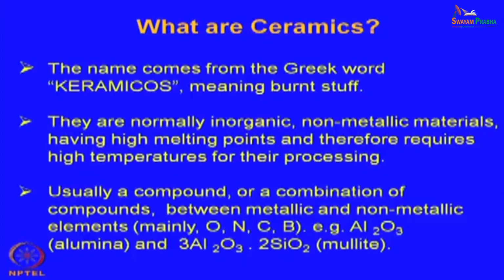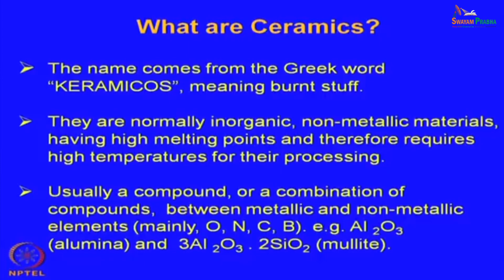They are usually compounds, not the elements, but the compounds of different elements or combination of compounds between metallic as well as non-metallic elements. What are the elements present in different kinds of ceramics? Of course, they are metals in addition to oxygen, nitrogen, carbon and boron, maybe some others. A very common example is aluminum oxide.